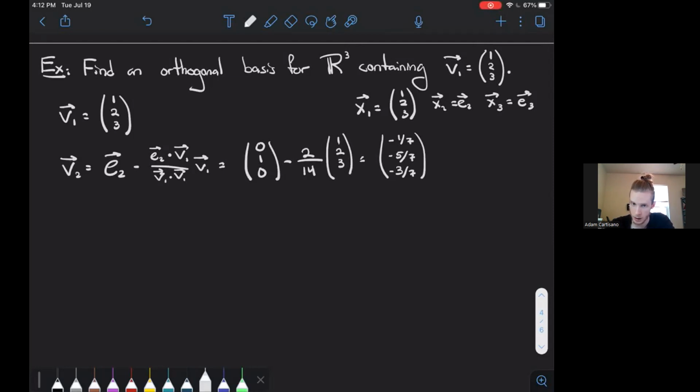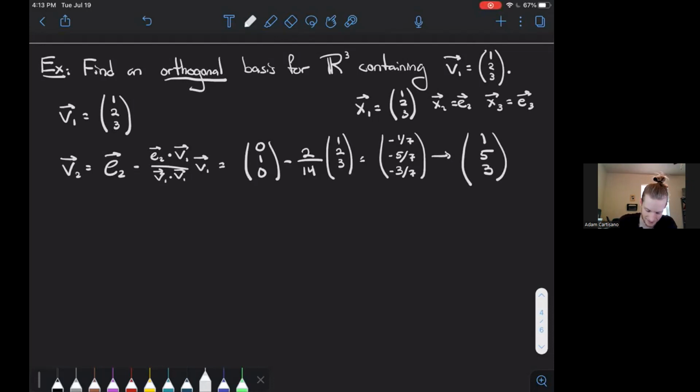I'm going to scale that up by a factor of negative 7. After all, it's only asking us for an orthogonal basis, so any multiple of this vector will do. So I'm getting (1, 5, 3) as our v2.